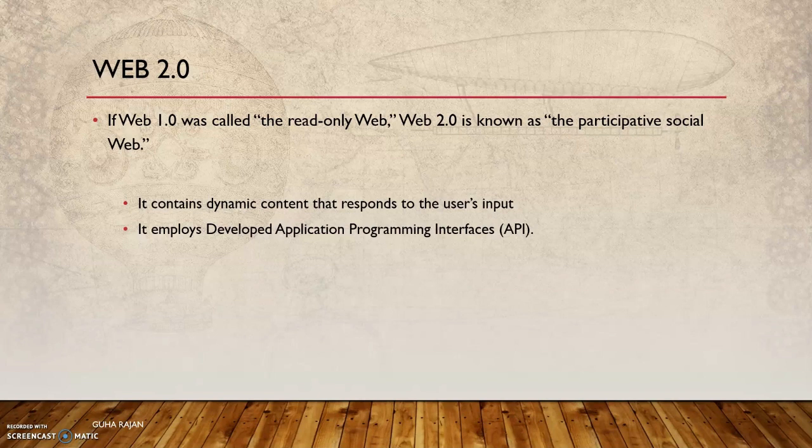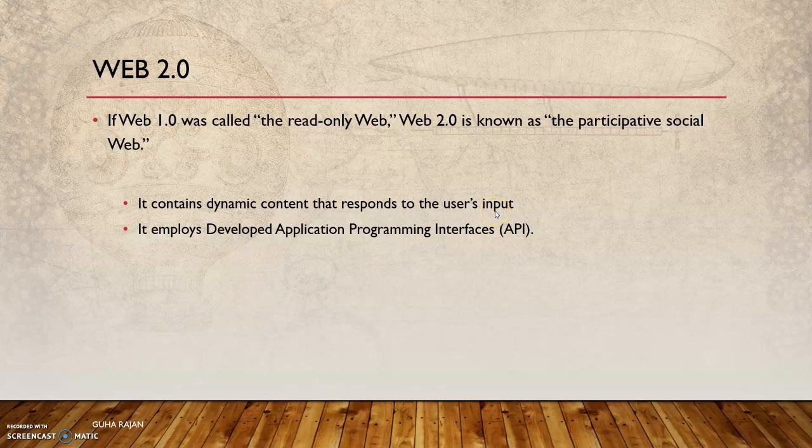So that is where Web 2.0 evolved, and that is post 2000, around 2000 onwards, I would say. Though they call it the social web from the reference point, particularly Facebook got more adoption from 2005 onwards. So it contained dynamic content that responds to the user input.